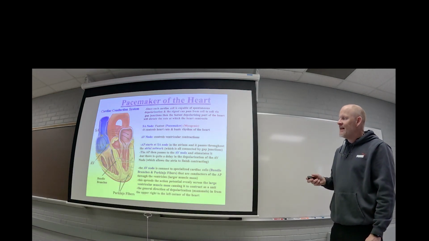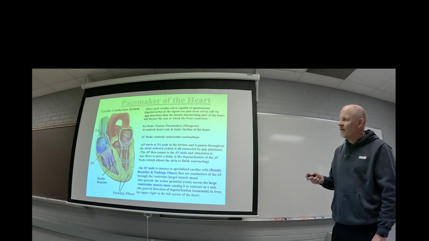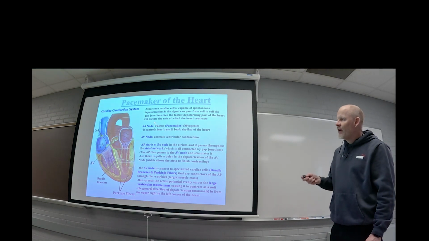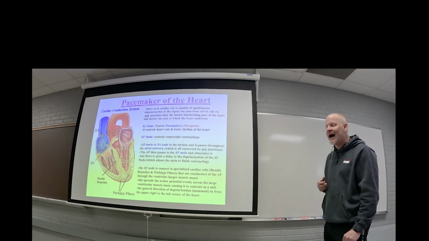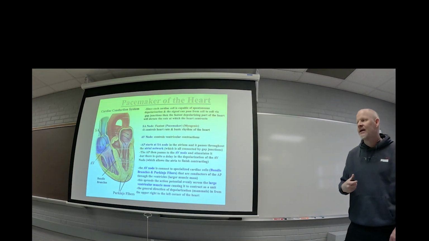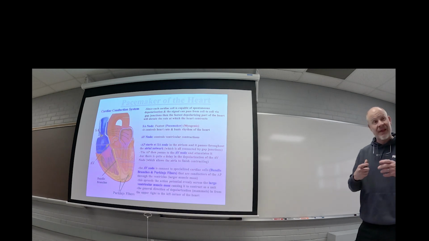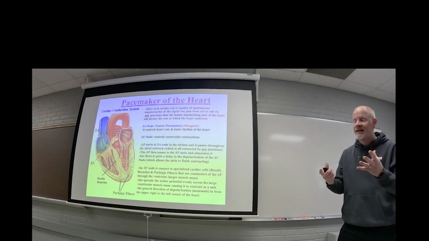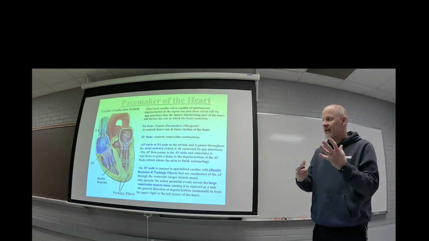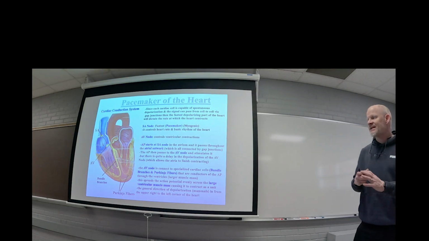So basically this autorhythmic network is going to involve two nodes, an SA node, an AV node, and then a bunch of connecting wires or cells that are elongated, that are specialized cardiomyocytes that, remember, we call Purkinje cells. They lack a lot of the organelles, and the myofibrils, the actin and the myosin, and they simply conduct the electrical current.